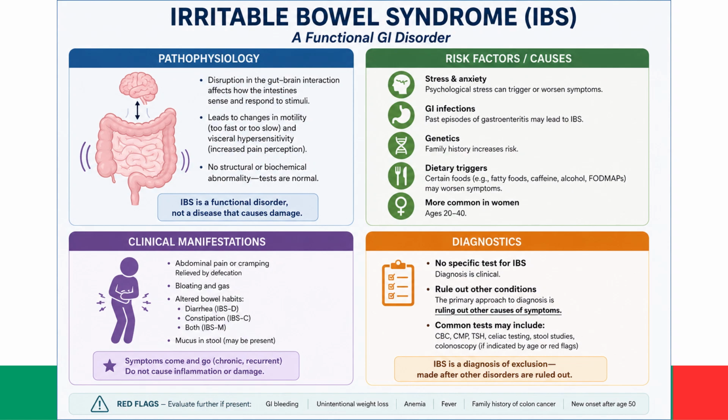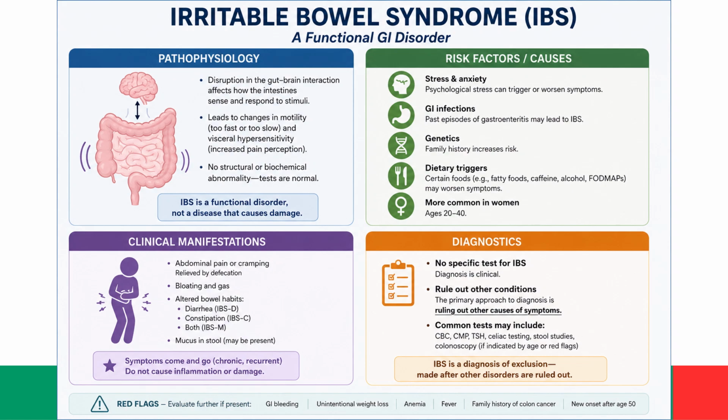Two concepts are especially important here: altered motility and visceral hypersensitivity. With altered motility, the bowel may move contents too quickly or too slowly. If motility is increased, intestinal contents move through more rapidly, which can contribute to diarrhea. If motility is decreased, contents remain in the colon longer, more water is absorbed, and the patient develops constipation.